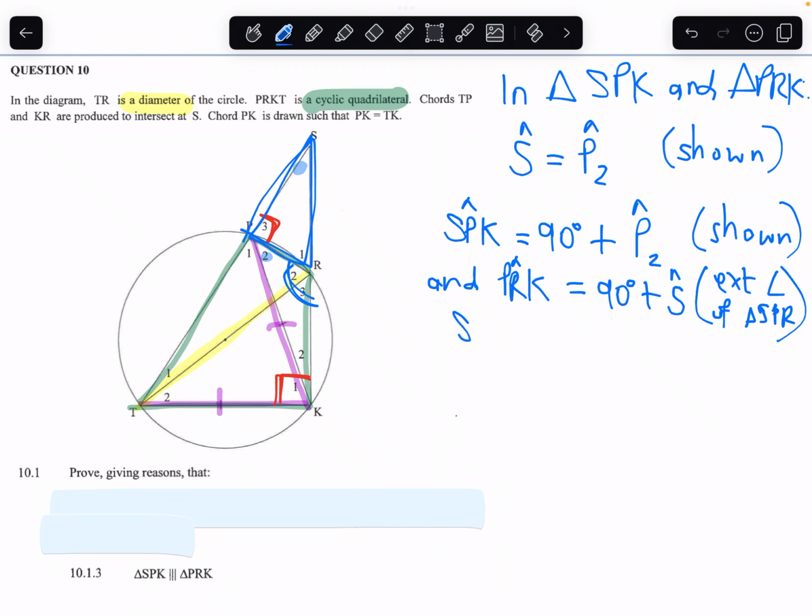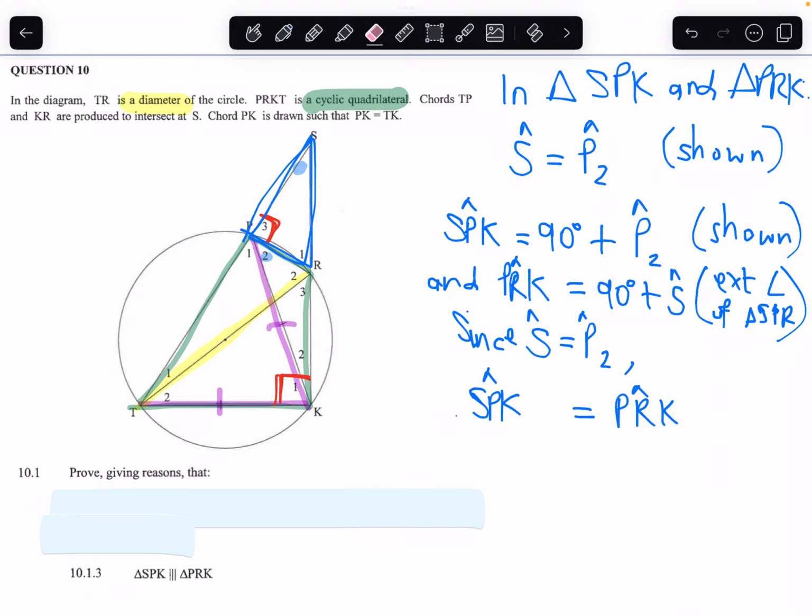Since we've shown that S is the same as P2, that means angle SPK is equal to angle PRK. And then finally, we can say that the remaining angle in each triangle must be equal.